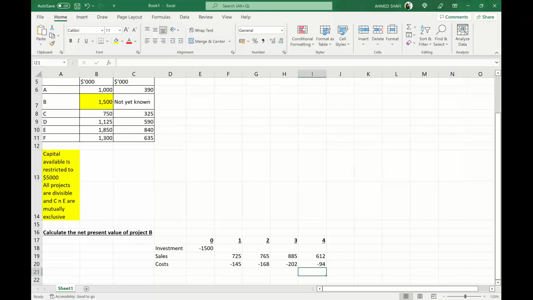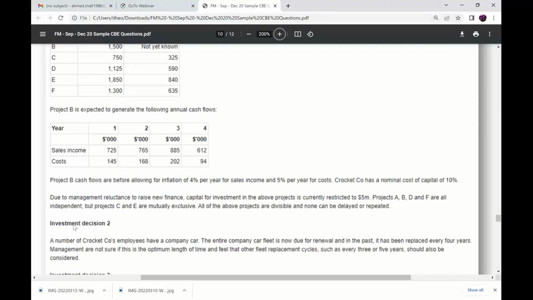Now, if you continue just like that, there will be a big problem. Because the question states that Project B's cash flows are before allowing for inflation of 4% per year on sales income and 5% per year on costs.